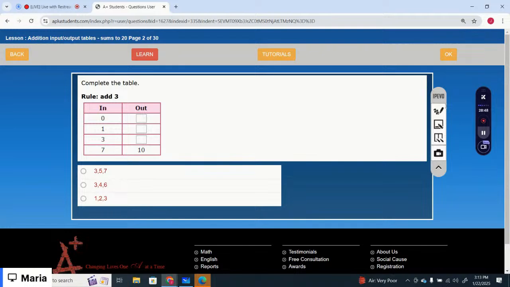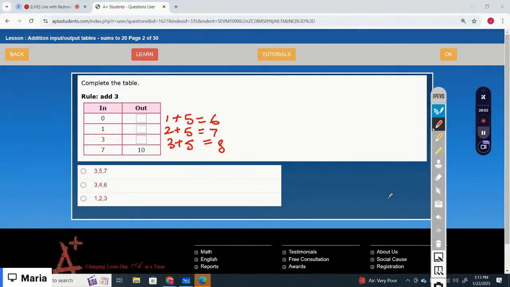Complete the table. Add 3. The rule is you have to add 3 to each input value, right? So the input values are 0, 1 and 3. That is 0 plus 3 equals 3. 1 plus 3 equals 4.